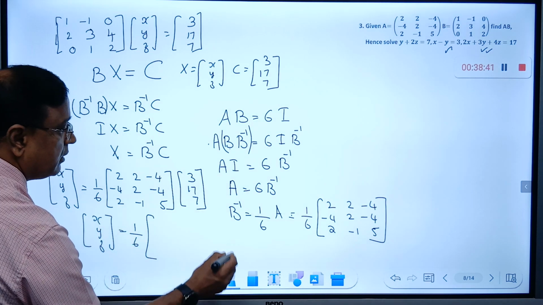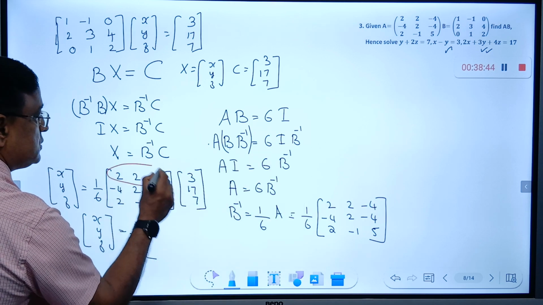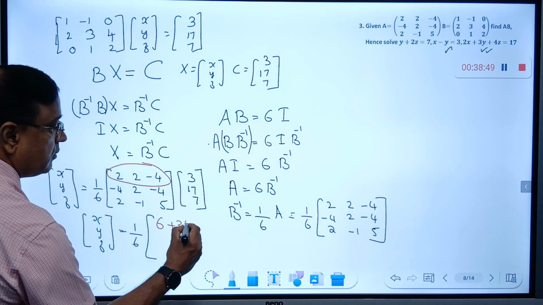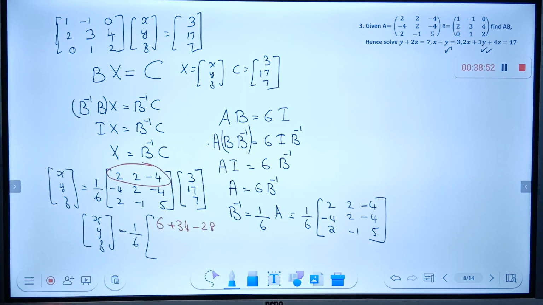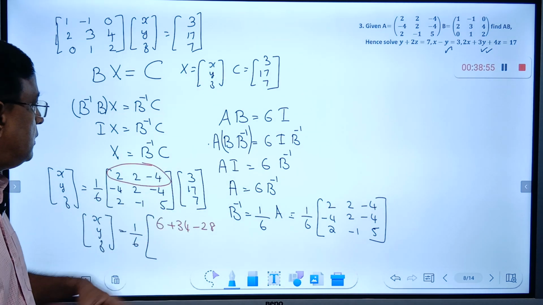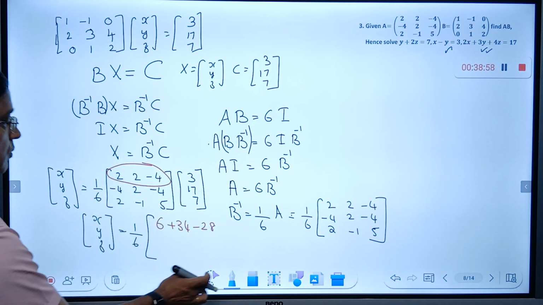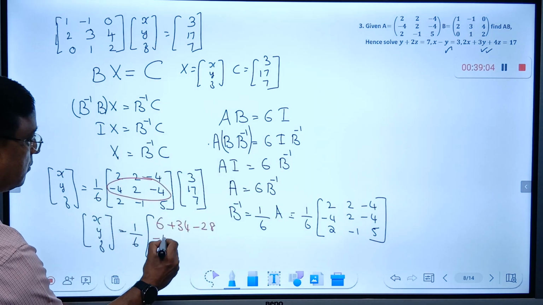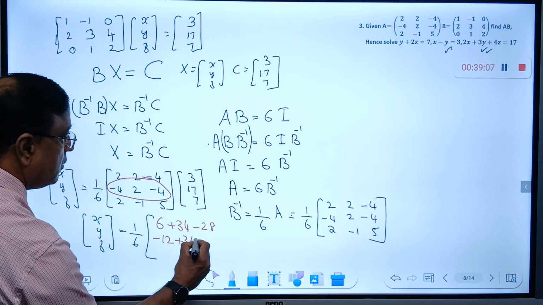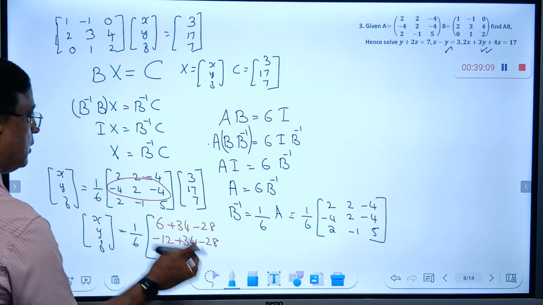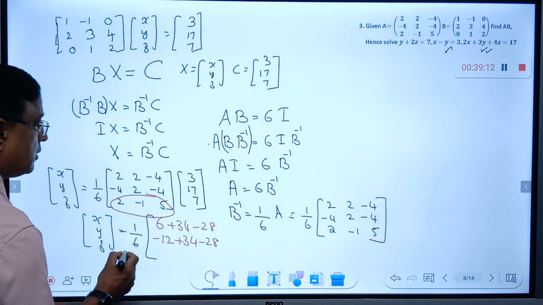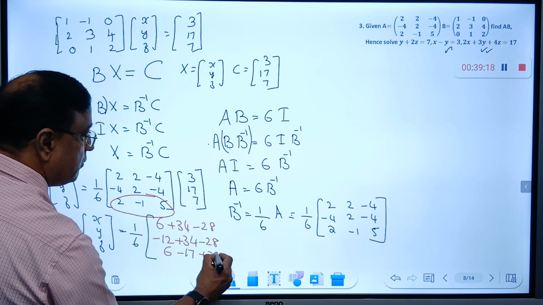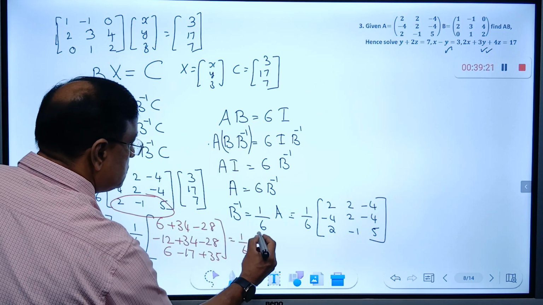Now how do you multiply? You multiply first row with first column. What do you get? 6 plus 34 minus 28. I hope my multiplication is correct. 6 plus 34, minus 28. Now go to the next one. What do you get? Minus 12 plus 34 minus 28. Now come to the third column. What do you get? 6 minus 17 plus 35, which is effectively 1 by 6 into, what is this?